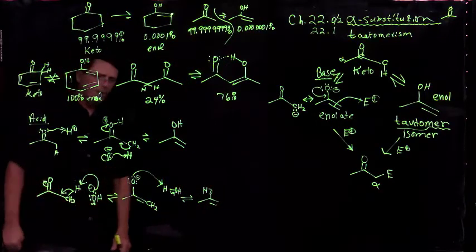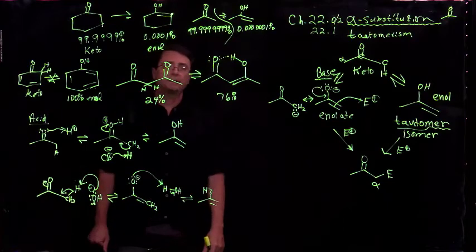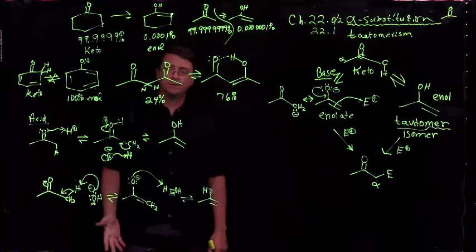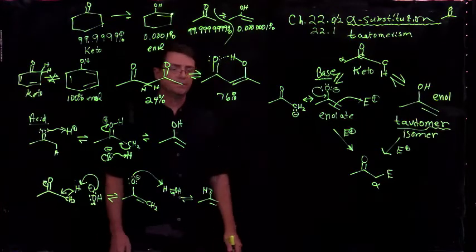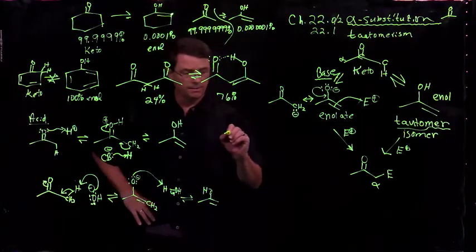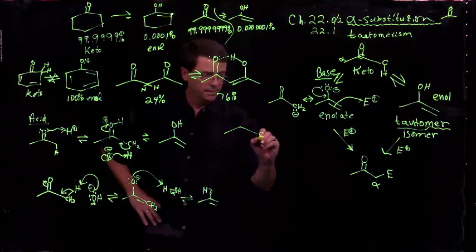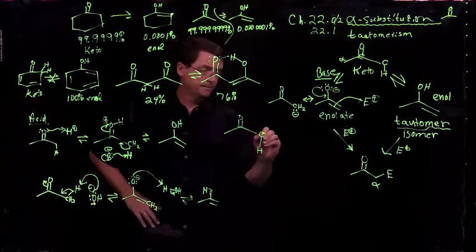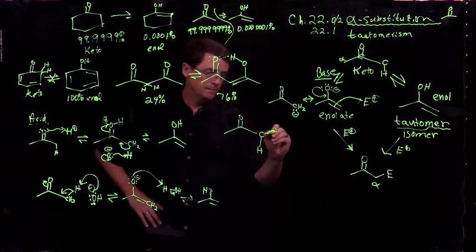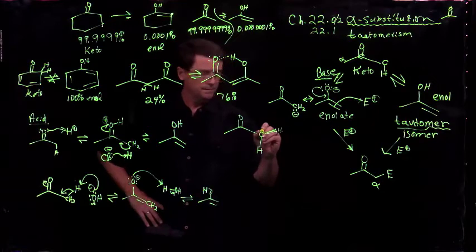Now, I want to look for just a moment at how this reaction occurs, because you see, not every proton alpha to the carbonyl is the same. Let's look at acetone here for a second, and I'm going to illustrate the hydrogens with a three-dimensional drawing.